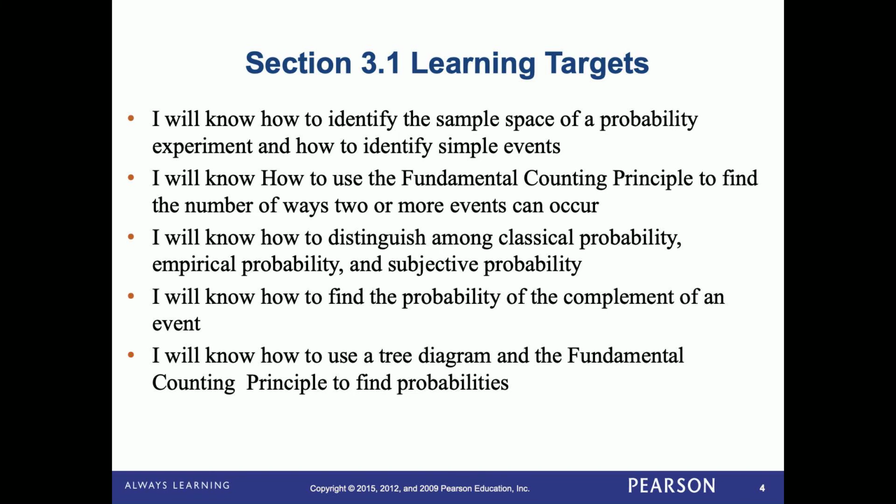I will know how to find the probability of the complement of an event, and I will know how to use a tree diagram and the fundamental counting principle to find probabilities. I know that's a lot, but we're going to go through it, and this video will be available for you to review every time you need to, and to use it to finish the 3.1 classwork.